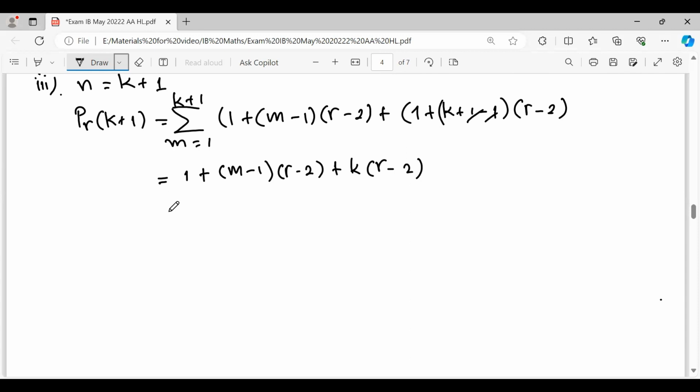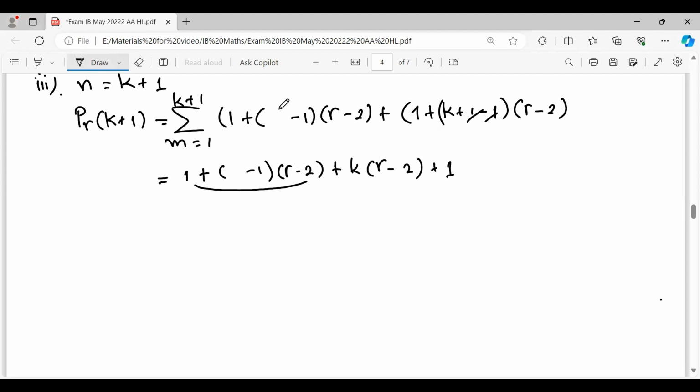Okay. There's one here, sorry, I forgot this one. This is P_r(k). Sorry, this is k, actually it's k. It goes from k to k plus 1.